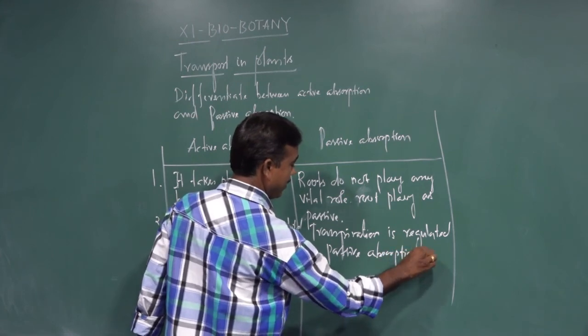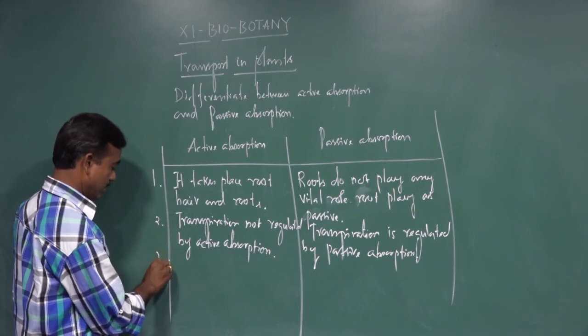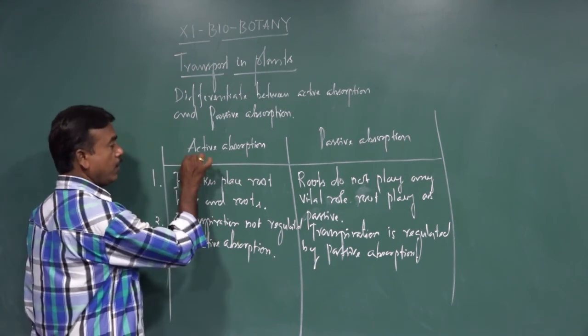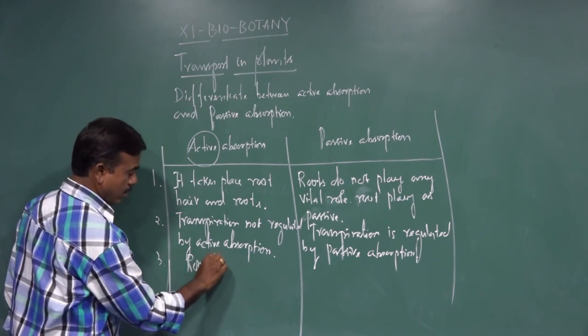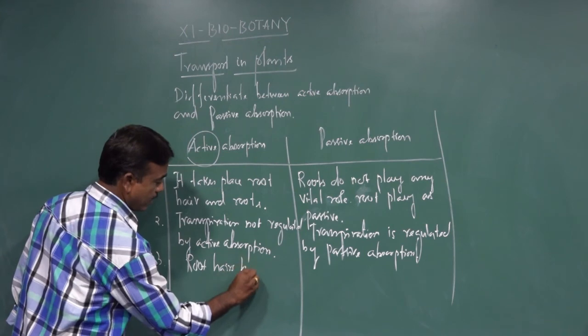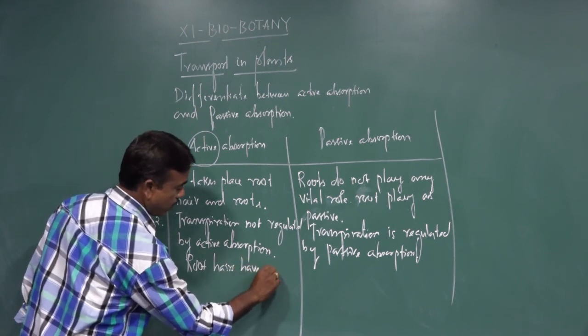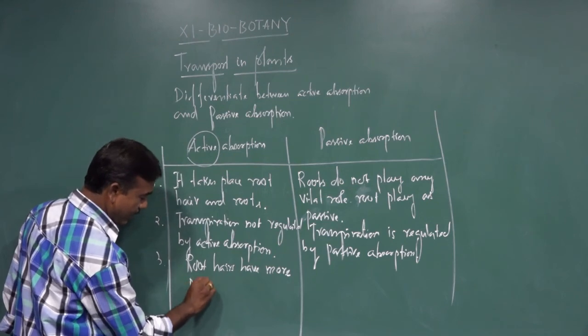This is the second thing. The third thing: in active absorption, root hairs have more DPT.